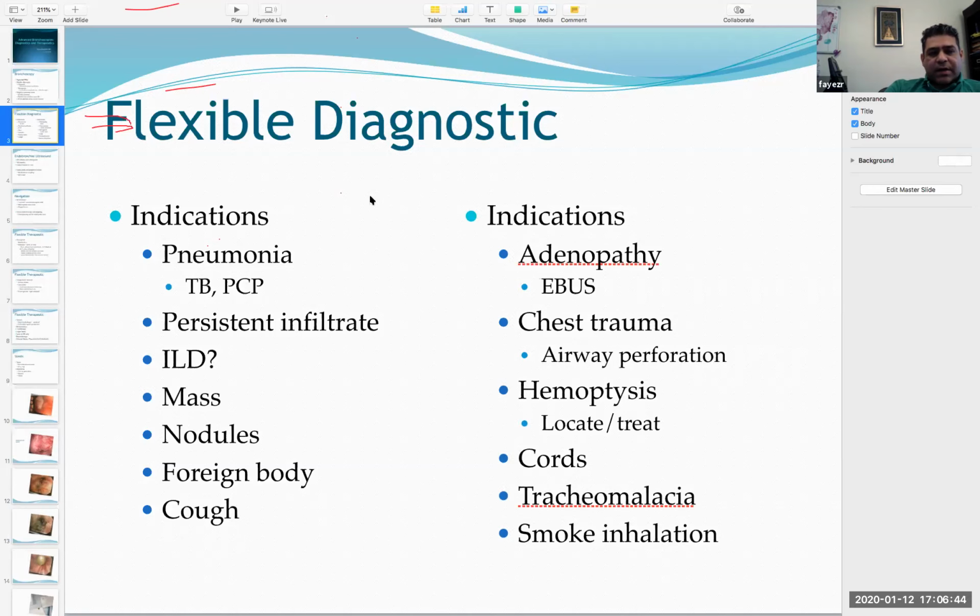Pneumocystis carinii, or PJP now, can be from an HIV patient or also a non-HIV patient. Nowadays, we have a lot of biologics being used for different conditions, so you're getting more and more PJP being diagnosed. Or you have a patient with a persistent infiltrate in their lungs and nobody can find out why.